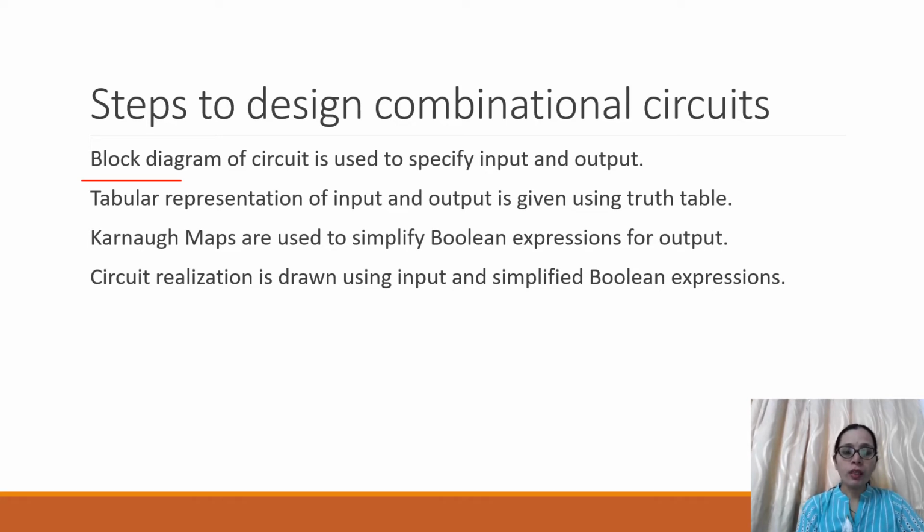After drawing the truth table, the next step is to obtain the simplified expressions, which can be obtained by using K-maps. And then the last step is circuit realization. This circuit realization is drawn using the inputs and the simplified Boolean expressions obtained using the K-maps.